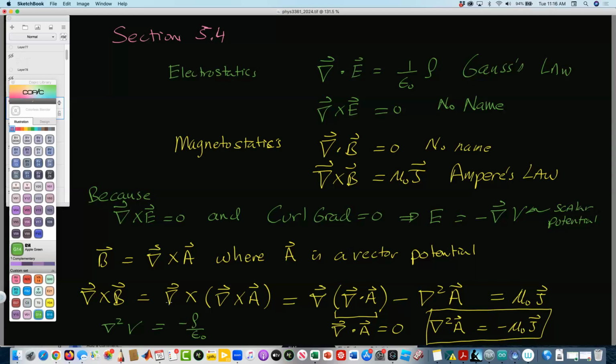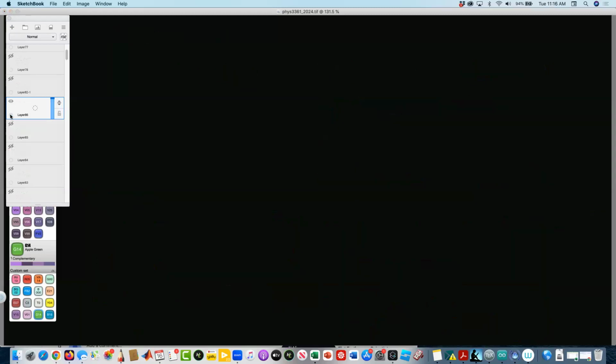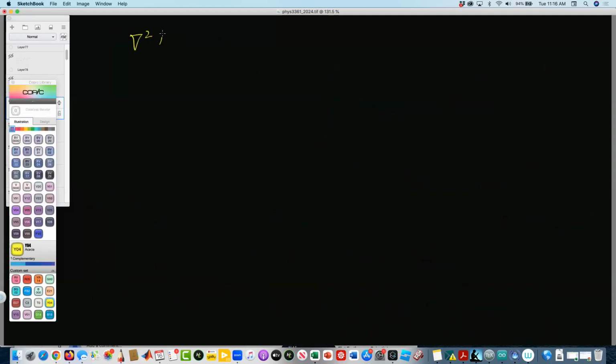Let me get a new layer. Are you good, everybody? Okay, let's explain what del squared A means. Well, it's del squared acting on Ax times x hat, plus y hat times del squared acting on Ay, plus z hat times del squared acting on Az.